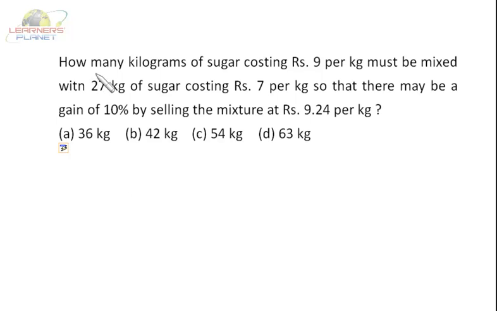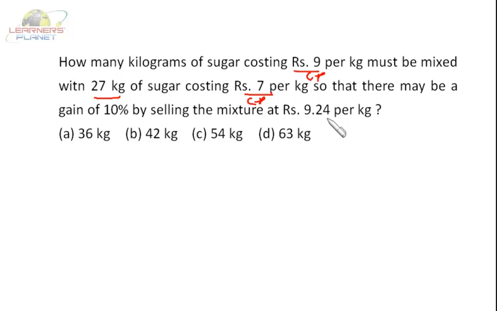Let's see. How many kilograms of sugar costing rupees 9 per kilogram must be mixed with 27 kilograms of sugar costing rupees 7 per kilogram? So this is the cost price, two types of cost price, and there may be a profit of 10% by selling the mixture at rupees 9.24 per kilogram.